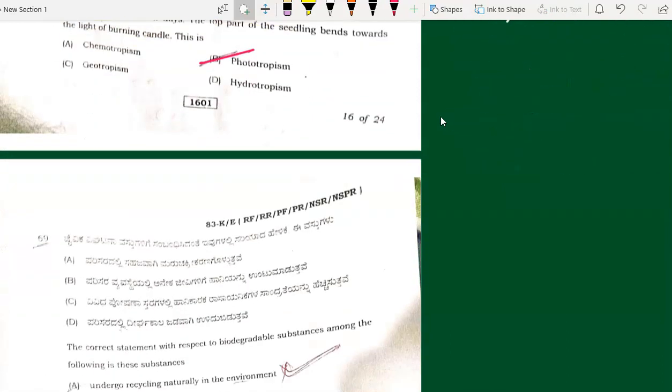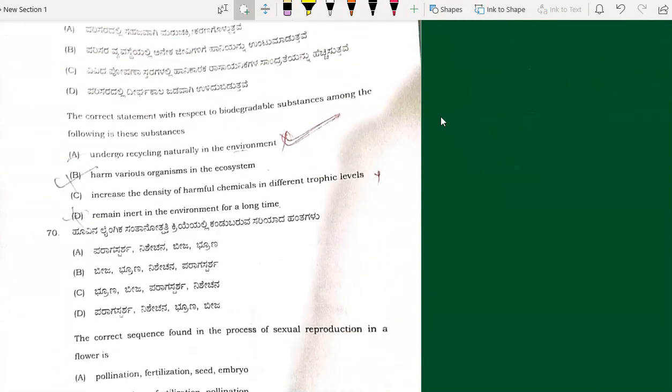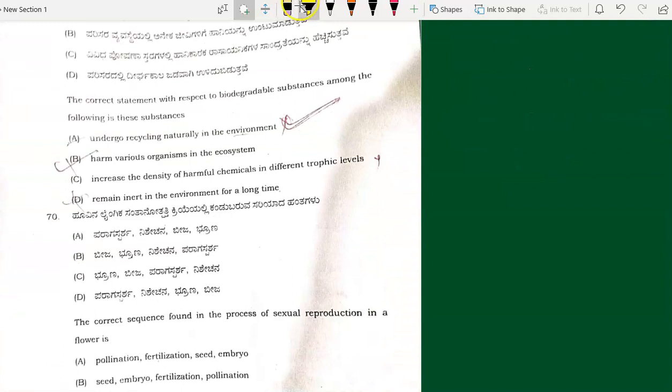Okay, let's begin. Next question. The correct statement with respect to biodegradable substances is, yes, this is the first answer: they undergo recycling naturally.